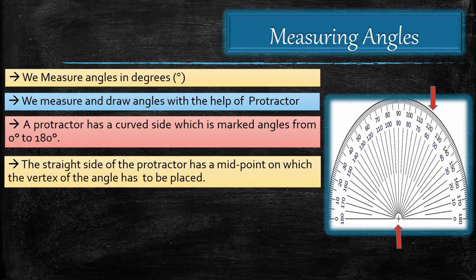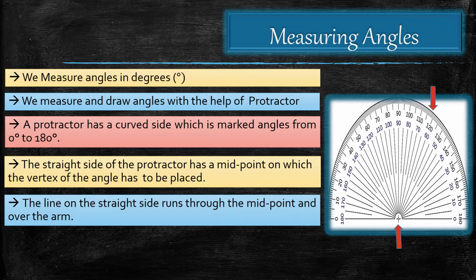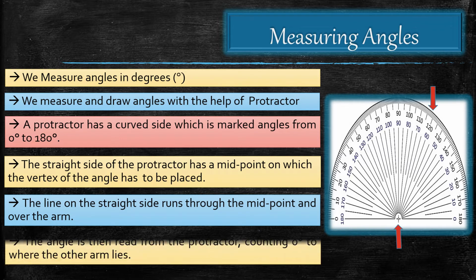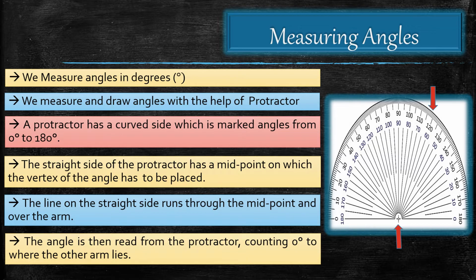Now the straight side of the protractor has a midpoint on which the vertex of the angle has to be placed. The line on the straight side runs through the midpoint and over the arm. The angle is then read from the protractor, counting from 0 degrees to where the other arm lies. Now let us see how to measure an angle.